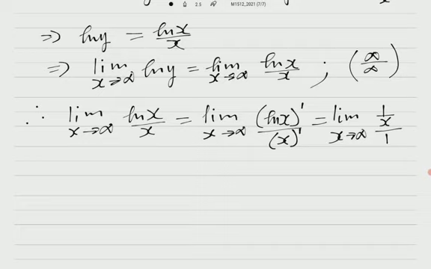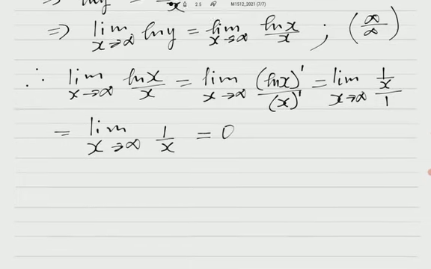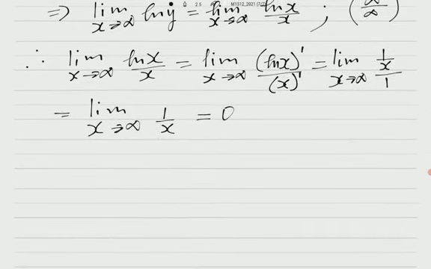Which is equal to the limit as x goes to infinity of 1 over x, and here you can see as x gets very large, this expression goes to 0. The limit of this new function we have created, we have modified, is 0.